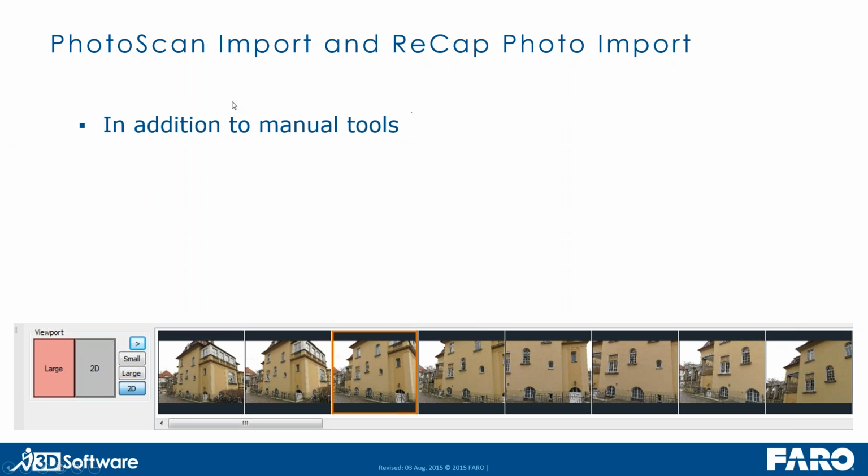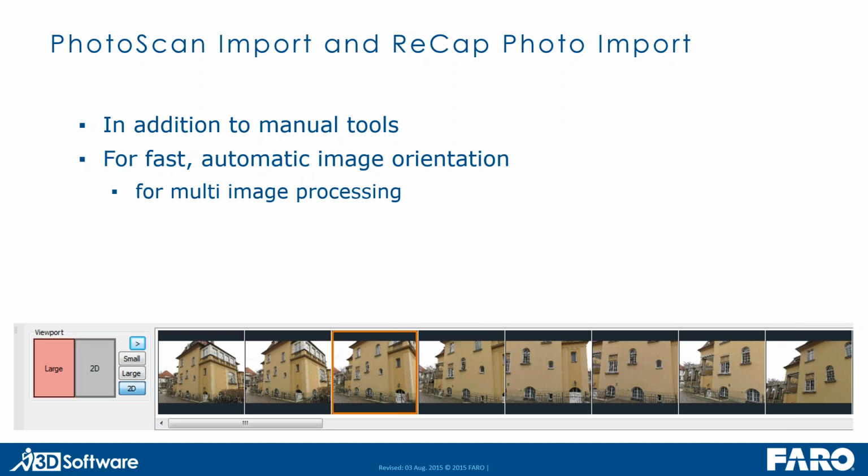But in addition, we also provide imports for Agisoft PhotoScan images, and also for Autodesk Recap Photo projects, because those external tools provide a very fast and automatic way of image orientation, which we do not yet have inside PhotoPlan.